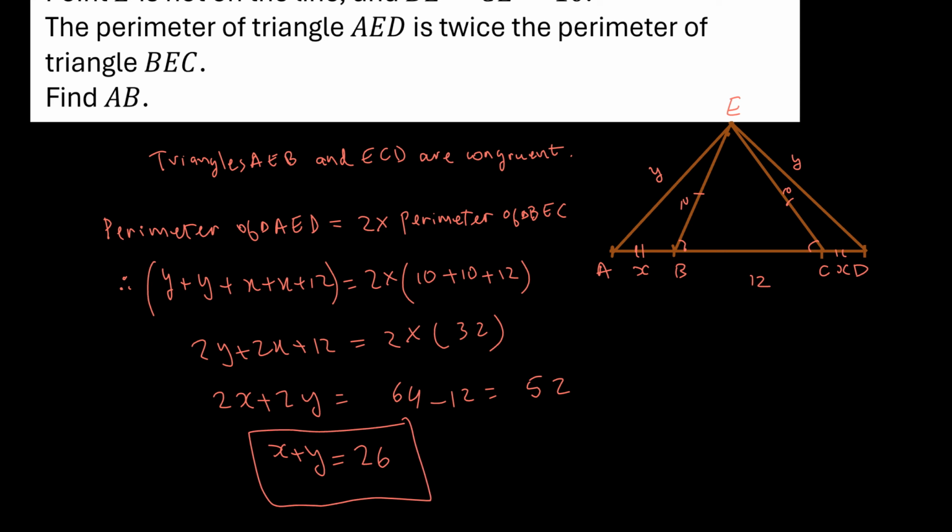So that gives us two variables, x and y. It doesn't help much. So to help us, we need to draw one of the perpendiculars.